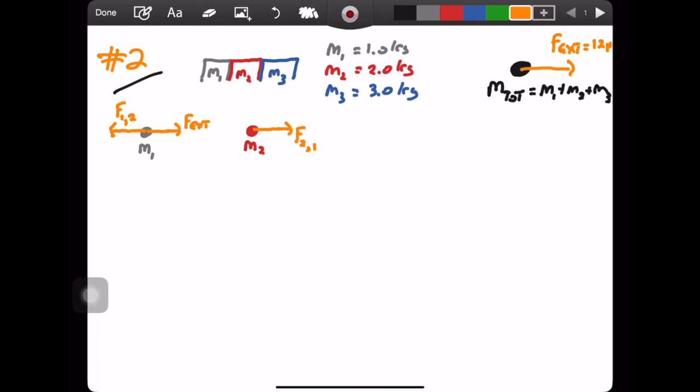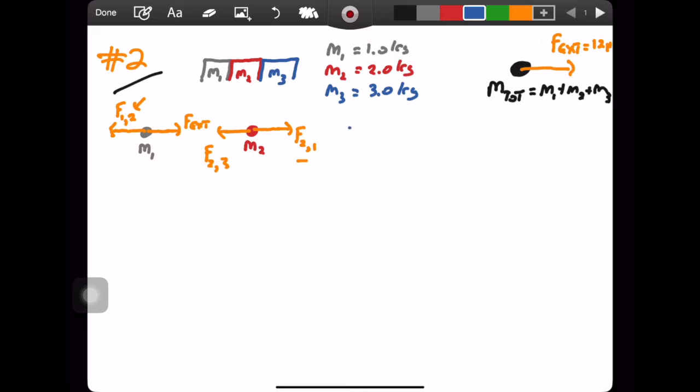So this right here is an action-reaction pair with this force right here. Those forces are equal and opposite each other. Now mass 2 is going to push against mass 3, and so you can think of the force on 2 from 3, and that's going to the left. So I'm going to say force on 2 from 3.